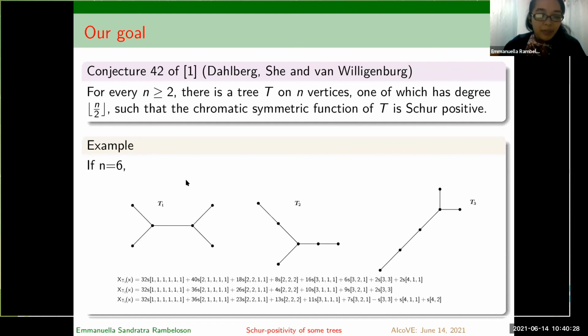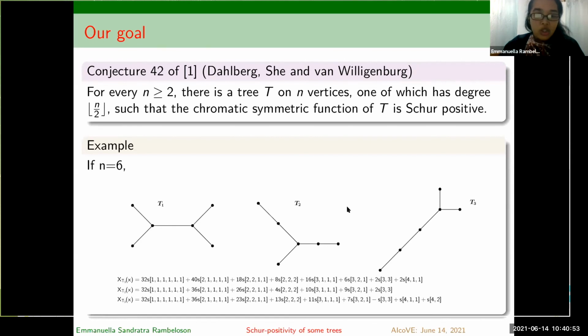For instance, in this tree here, this vertex here has degree 3, and this vertex here also has degree 3. In this one, this vertex here has degree 3. All right, this conjecture here says that the chromatic symmetric function of one of these trees is Schur positive.